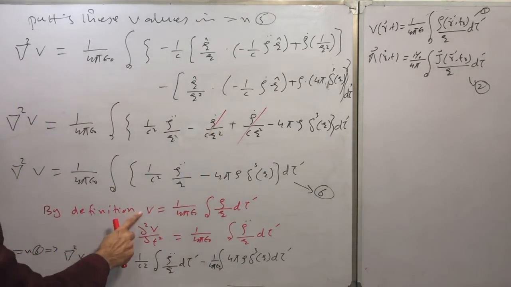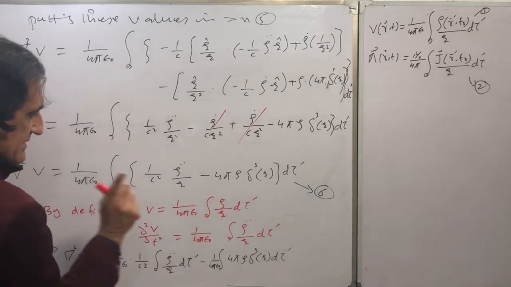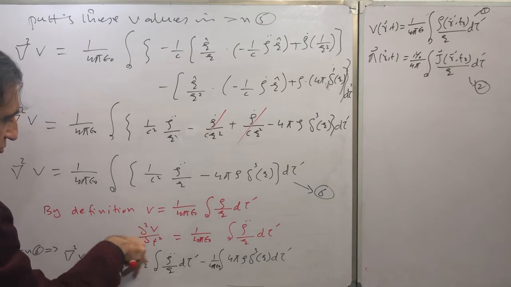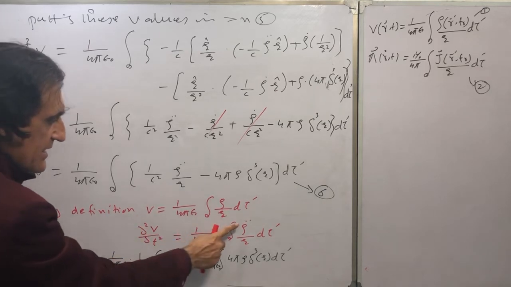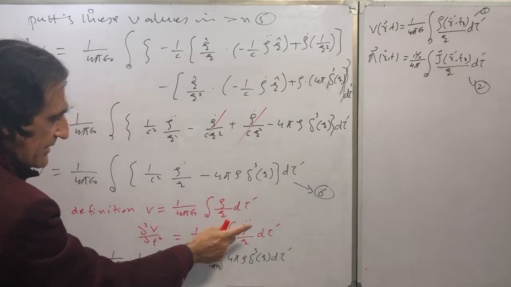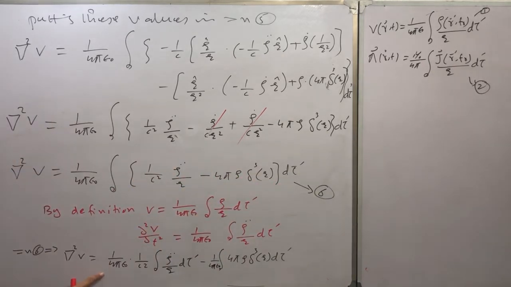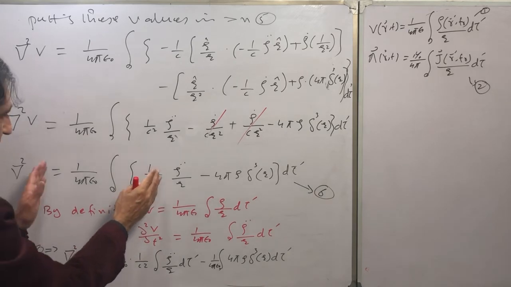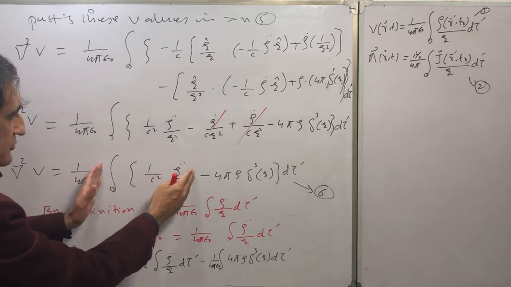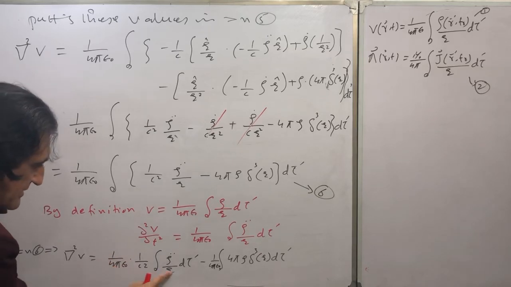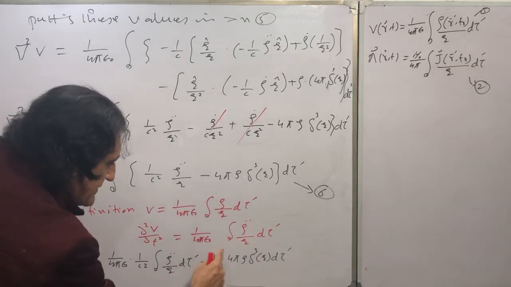We also know by definition v, which is equal to this thing. And if we differentiate this 2 times with respect to t, then this rho will be double dot, and this equation 6 can be written like this. If we apply the integration to this term and this term, then we have 1 over 4 pi, 1 over c square, this term and this term.